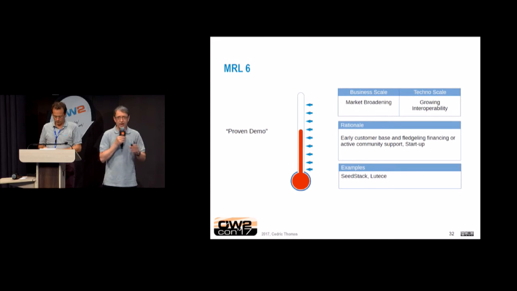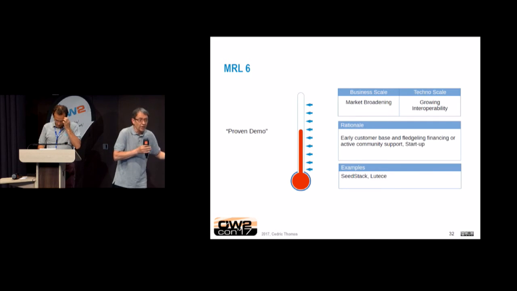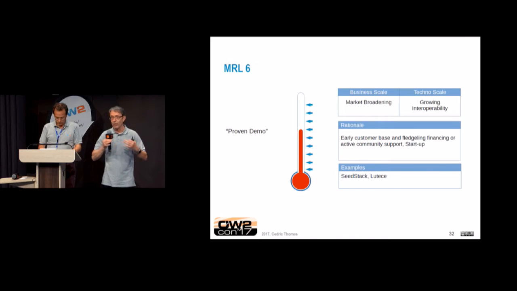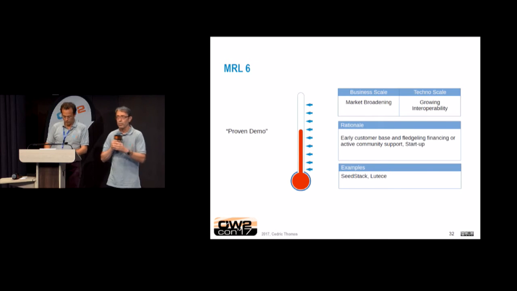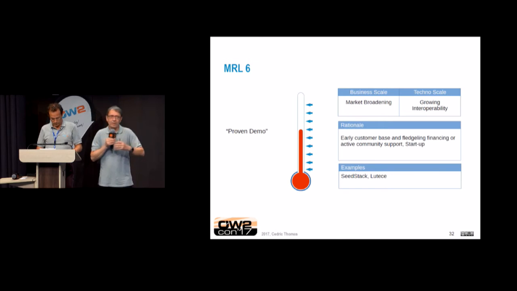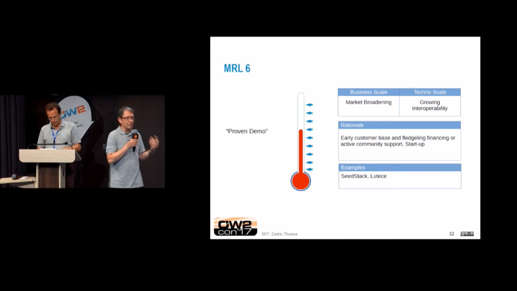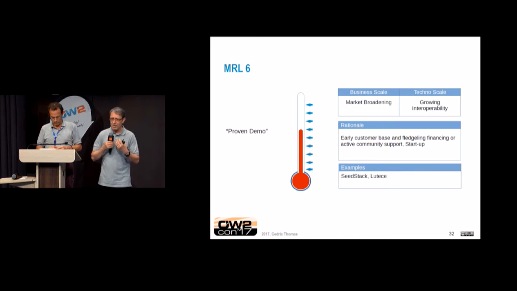On the 6th level, the good thing is that now, in terms of technology, we have growing interoperability. It's not just a product that we have somewhere that is on its side and that you use or you don't. If it doesn't fit your environment, well, we don't care. We have it fit for that environment. Now we have a product that can support maybe more than one database, that can interface with more than one type of system. So this is where we grow the interoperability.